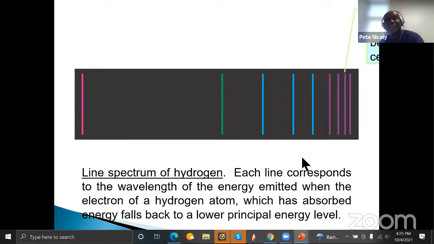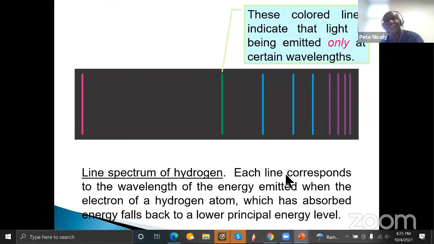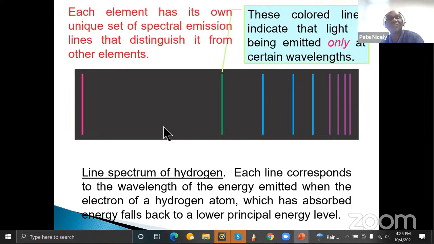Okay, so this is basically what is used to support the Bohr model. In fact, the Bohr model is used to explain this observation for hydrogen. Another important point here is that this sort of line spectra can be produced by other elements, but of course, each element will have its own unique line spectra.